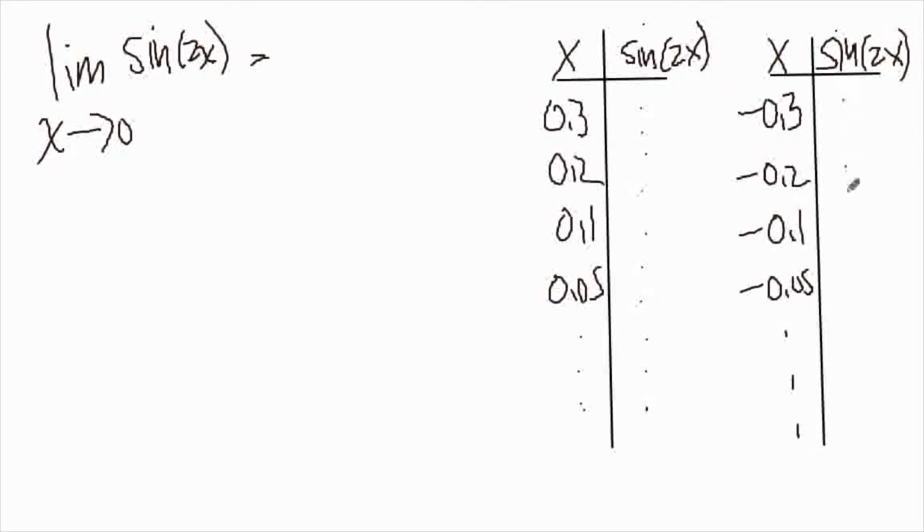Then you list the values and look down and ask what it is getting closer and closer to. If you did that, you would see that the value on the right side of each of those tables is getting smaller and smaller, so if x kept getting closer and closer to 0, the function would get closer and closer to 0 as well. So the limit is 0.